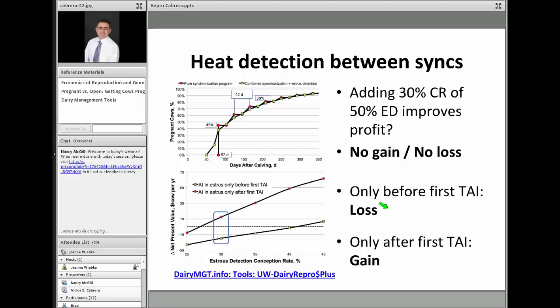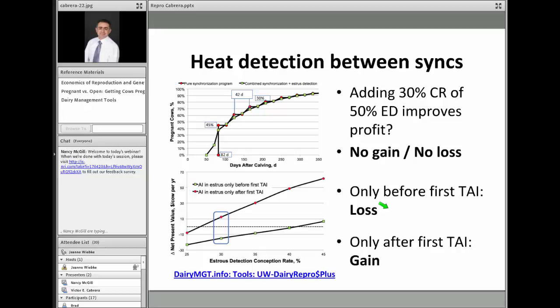Actually, this was a double Ovsynch for those of you who are familiar with it. After that, there was resynchronization with Ovsynch with a 30% conception rate every 42 days. So the question was, what if we do cherry picking?